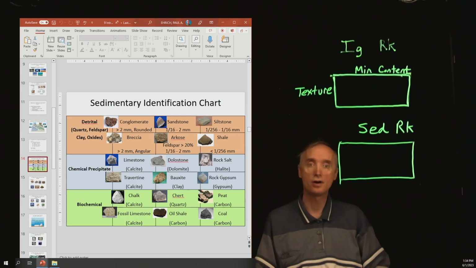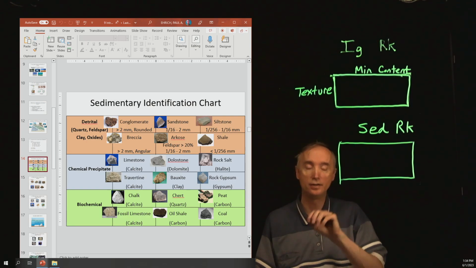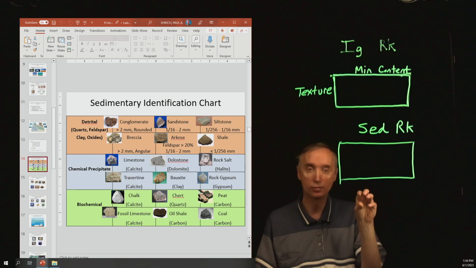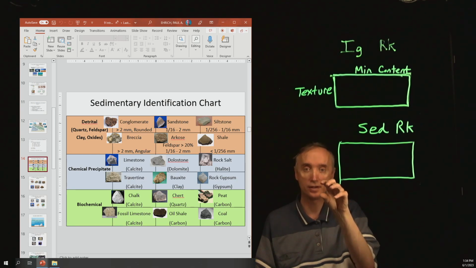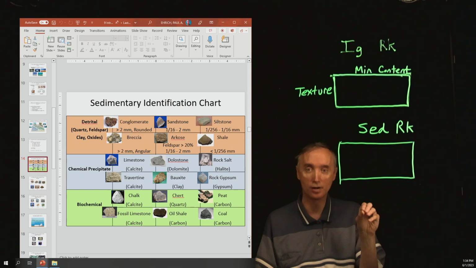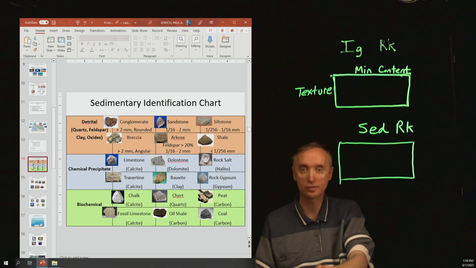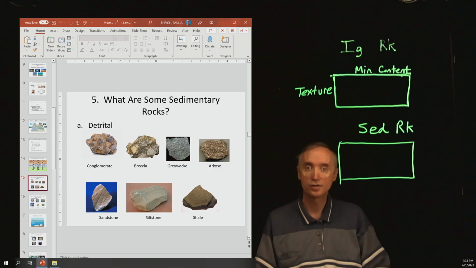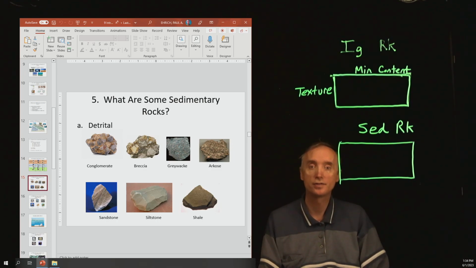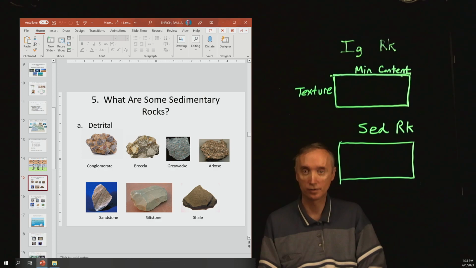All right, so here's our sedimentary identification chart, and we're going to look at the detrital types of rocks. Then we're going to look at the chemical precipitate types of rocks, and then we're going to look at the biochemical types of rocks. So the first one is going to be the detrital types of rocks.